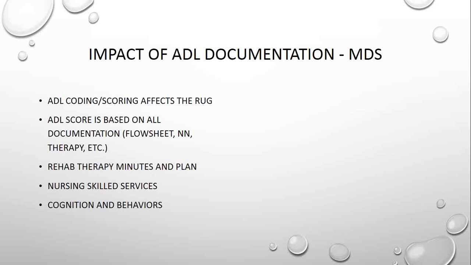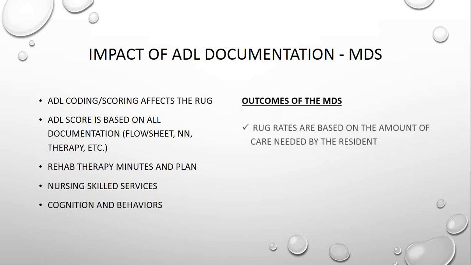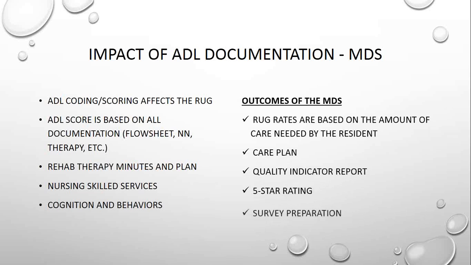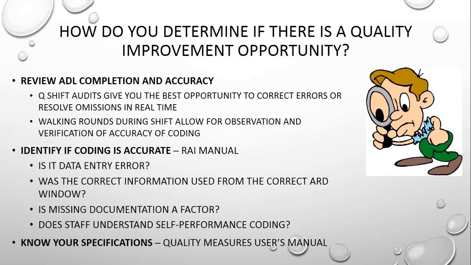Rehab therapy minutes and their plan, nursing skilled services, cognition and behaviors can all be impacted or a reflection of ADL's improvement or decline. Can impact your quality indicator report and your 5-star rating, as well as survey preparation.